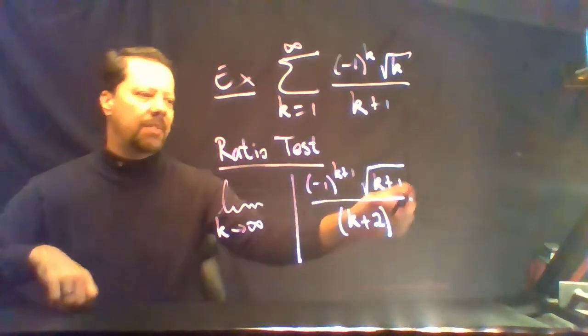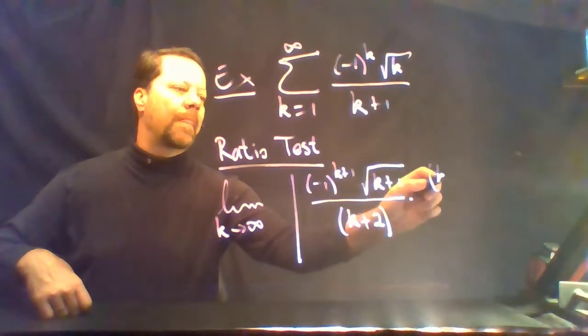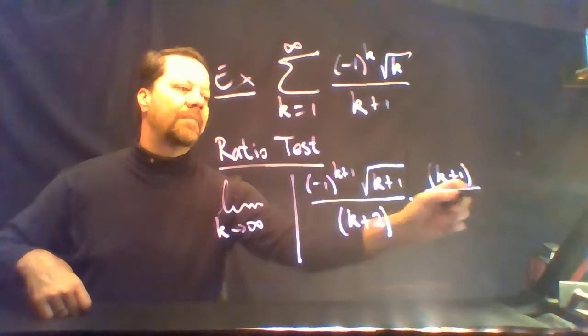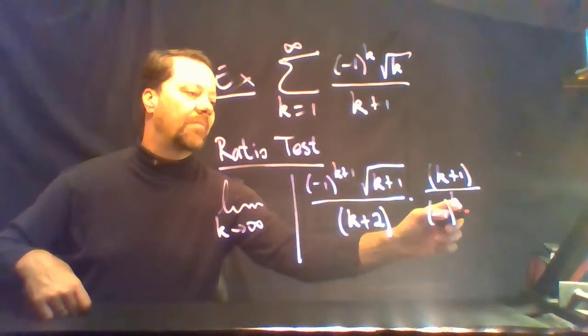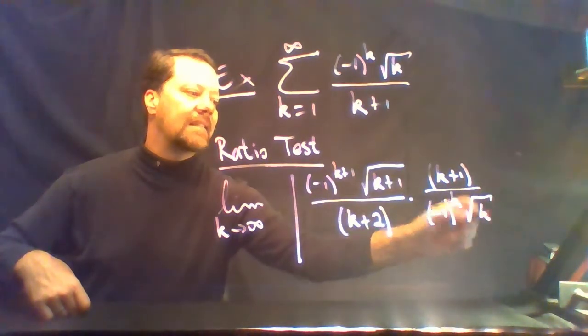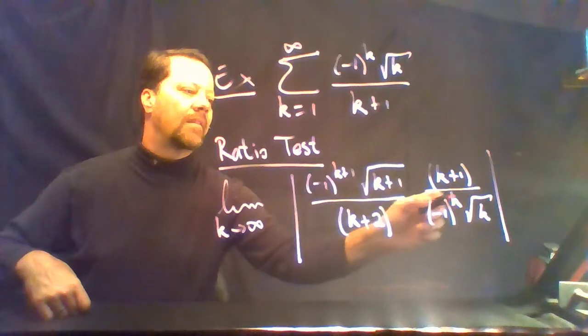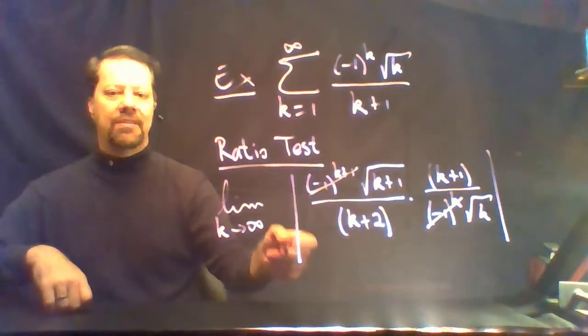We multiply by the reciprocal. That's going to be k plus 1 here. Again, I don't need these negative ones, but I'll write them anyway just for completeness. These go away just because of the absolute values.